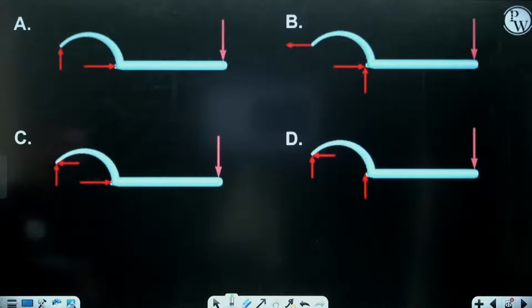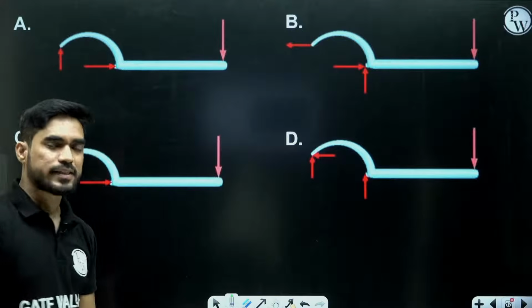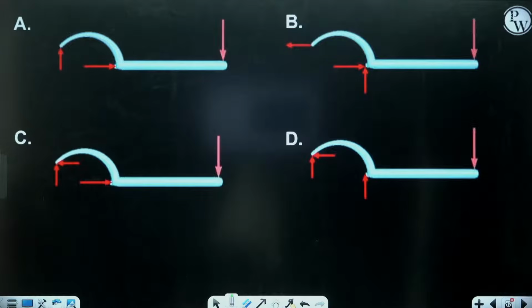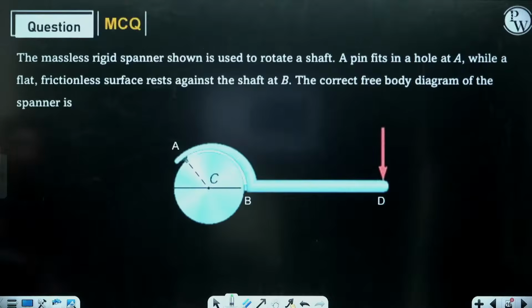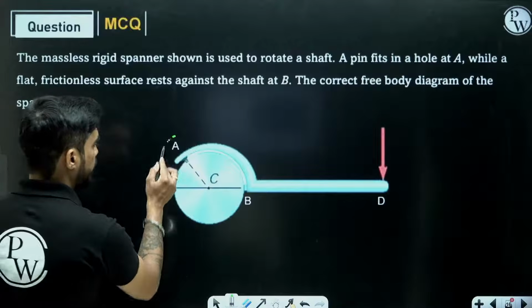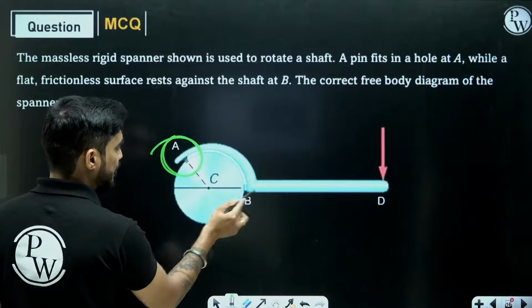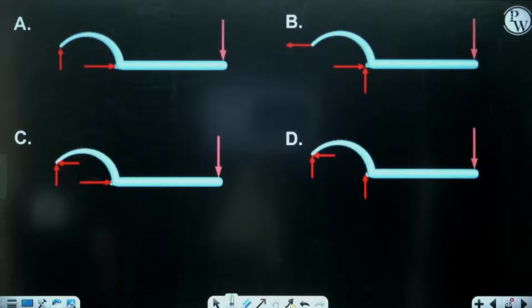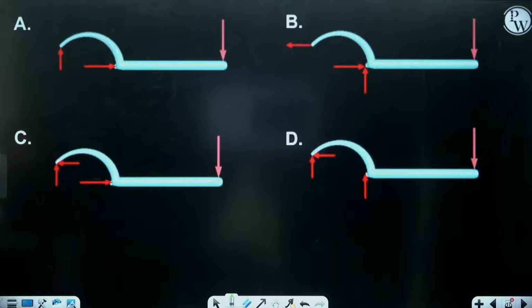Use your concepts. Just now we have seen about the pin support and the frictionless surface support. Frictionless surface means category 1, pin support means category 2. So at point A, we have a pin support. At point B, we have a frictionless surface. So how the reactions will be acting on the spanner? A, B, C or D?